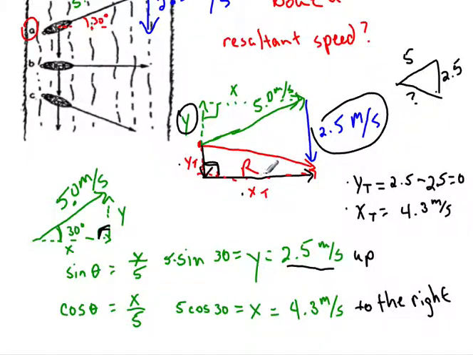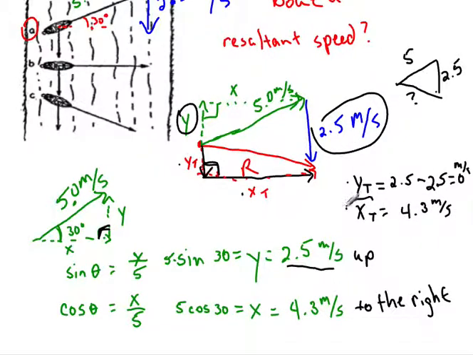So my resultant turns out to have no y. There is no y component of my r. It's all in the x. That's what this is telling me. I'm not going up or down in the y. The river cancels out the motorboat's push up.